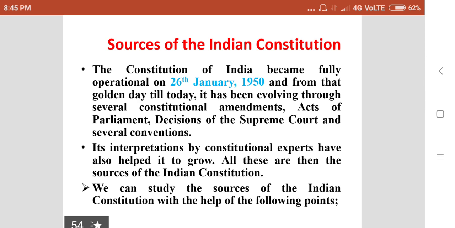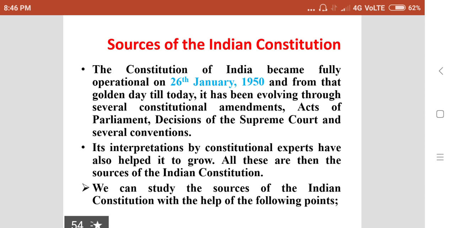The Constitution of India became fully operational on 26th January 1950, and from that golden day till today it has evolved through several constitutional amendments, acts of parliament, decisions of the Supreme Court, and several conventions.